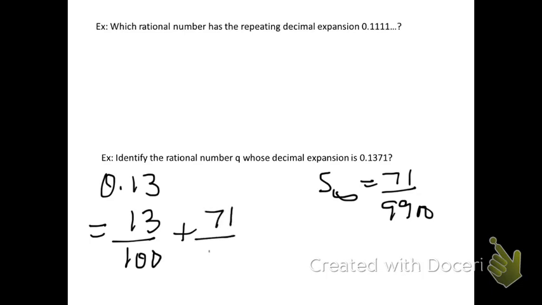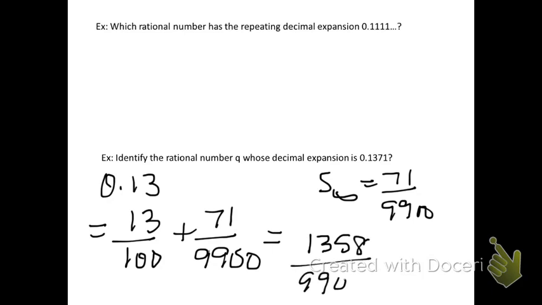They should give us the value we're looking for. And when we simplify that, we get an answer of 1358 over 9900. And if you go ahead and use your calculator to do that division, you should see that that's in fact the decimal expansion that you were expecting to get.